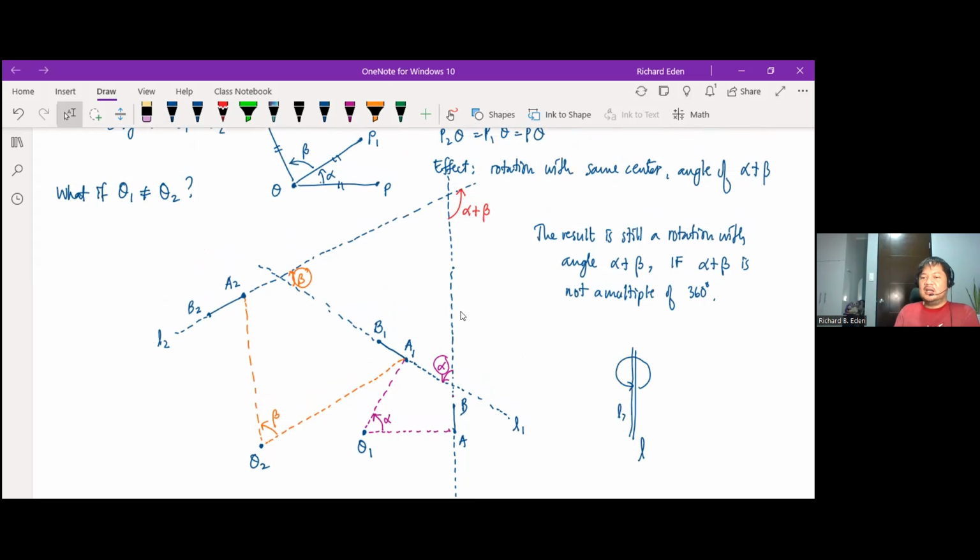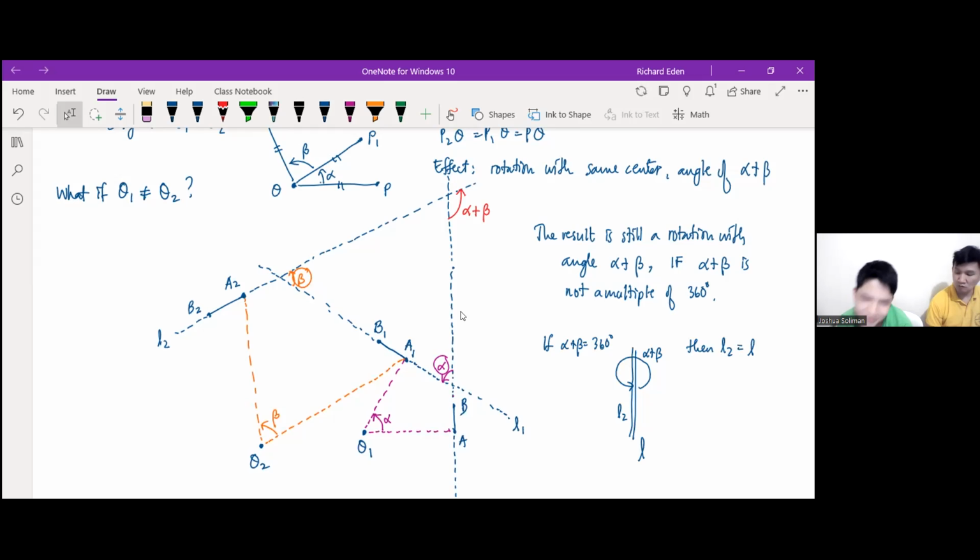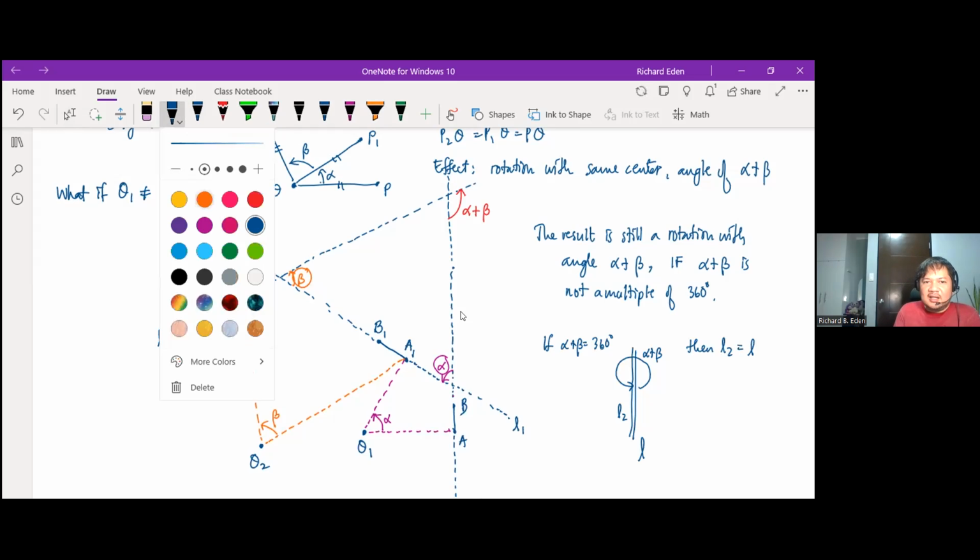So that would mean if alpha plus beta equals 360 degrees, L2 would be the same as L. Nice. So that's what will happen. Well, actually, let's color code. Here is A.